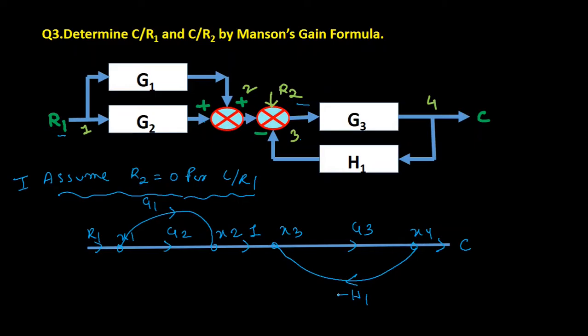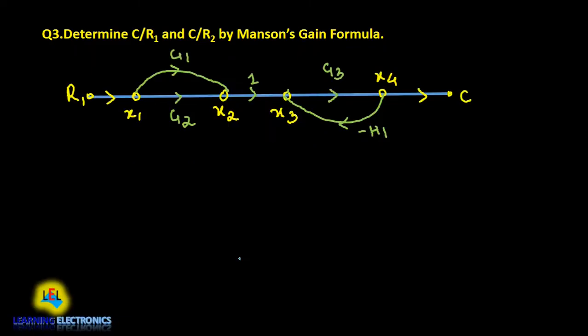So this is the SFG for the given block diagram considering R2 is equal to 0. Now first we find out the forward paths.